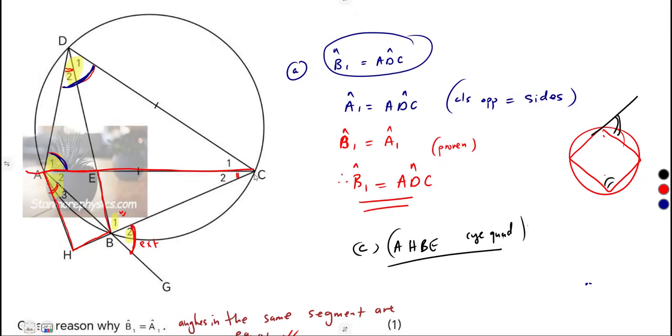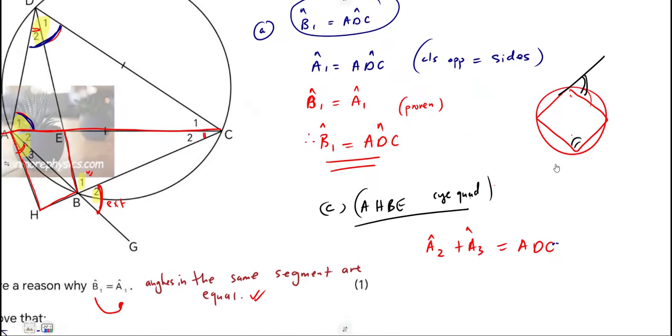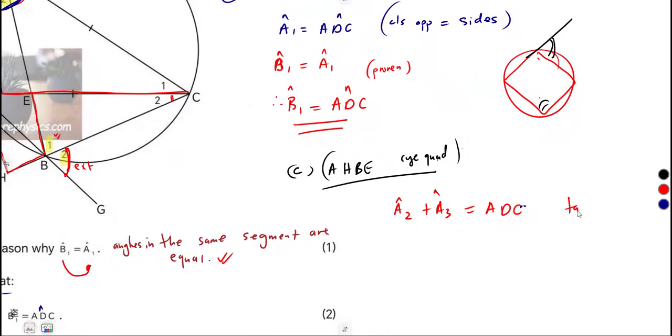Chord AC creates an angle at D. So it follows that the sum of angle A2 and angle A3 must be equal to ADC. The angle between a tangent and a chord is equal to the angle in the opposite segment. So this chord AC creates the angle at D, the whole angle ADC. So we applied the tan chord theorem here.